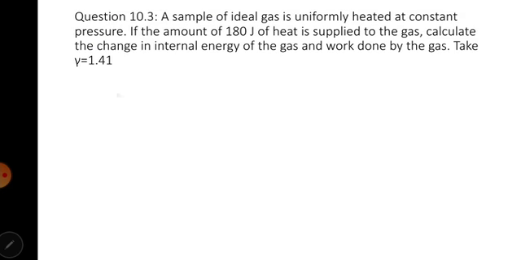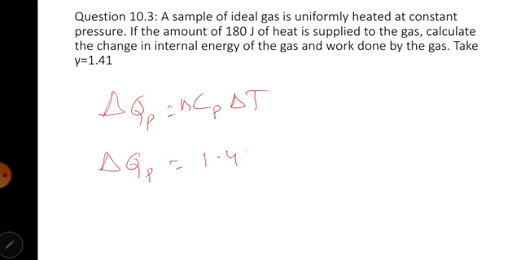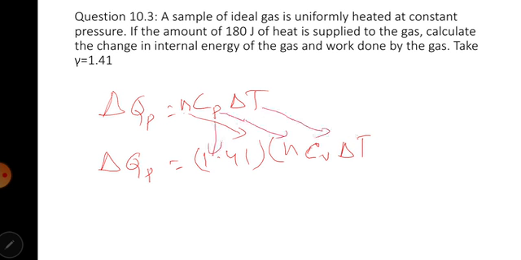Del Qp is equal to nCp del T. So write the values. Del Qp is equal to 1.41 nCv del T.